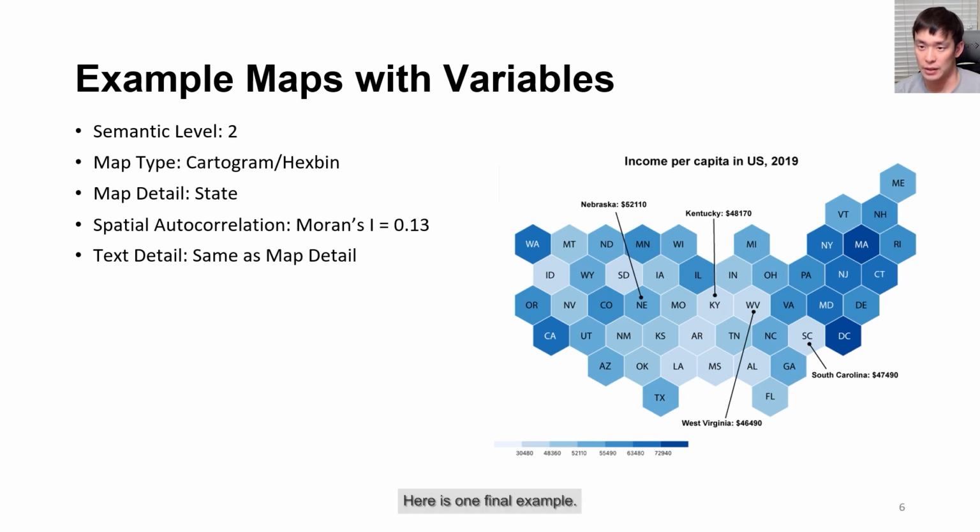Here is one final example. There are semantic level 2 annotations because these are descriptive statistics. The map type is a cartogram or a hexbin, and the map detail is at the state level. The spatial autocorrelation is 0.13 measured by Moran's I, and the text detail is the same as map detail.